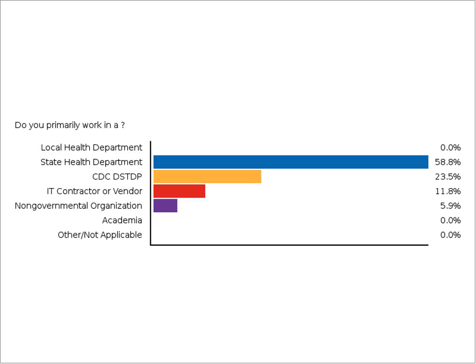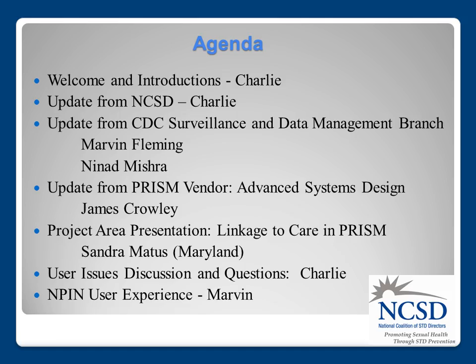So let me quickly review our agenda for everybody. The first thing we're going to do is have a welcome and introduction. And while we're on the welcome and introduction, I'm going to do a quick roll call by state, although it's not really going to work since everybody's phones are muted. So I guess we're not going to do a roll call.